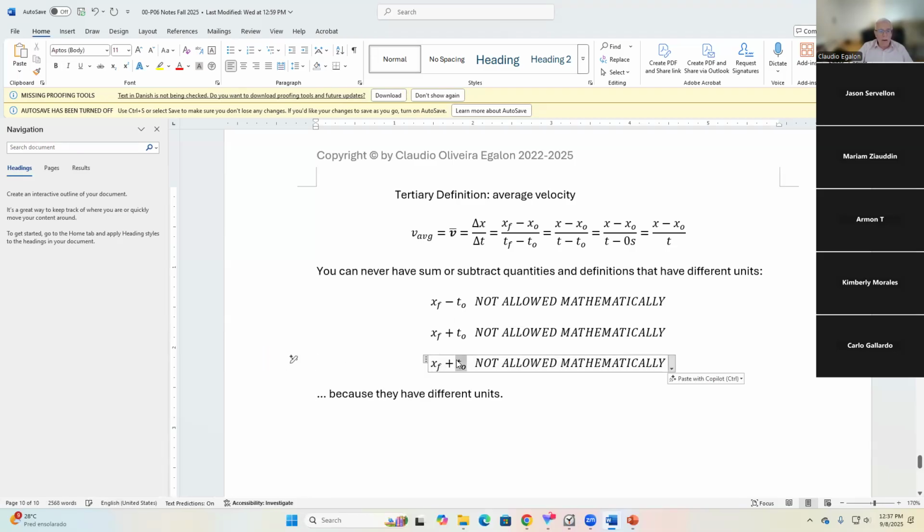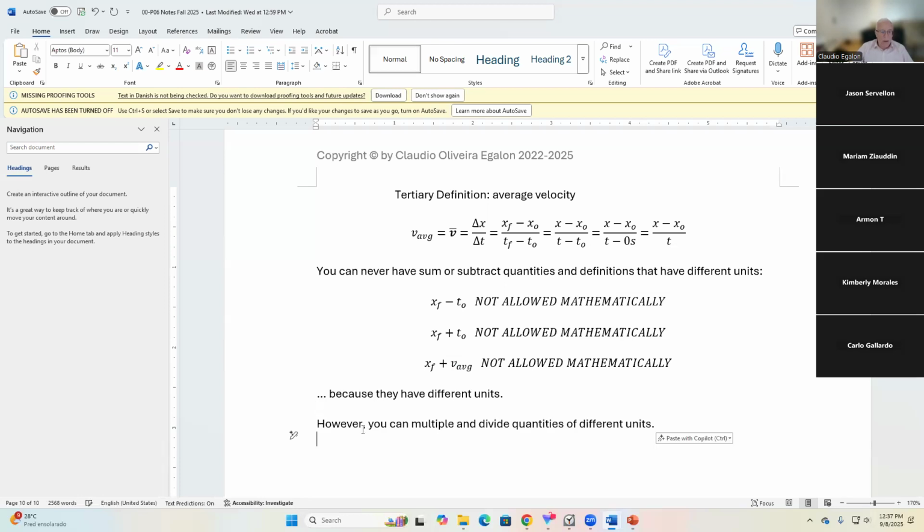You cannot do that, average velocity with position, because they have different units. However, you can multiply and divide quantities and definitions that have different units.